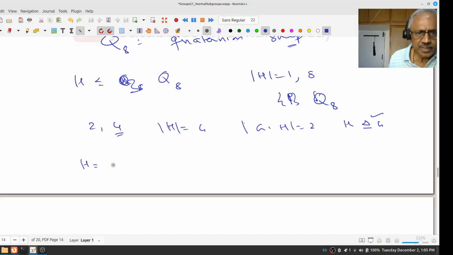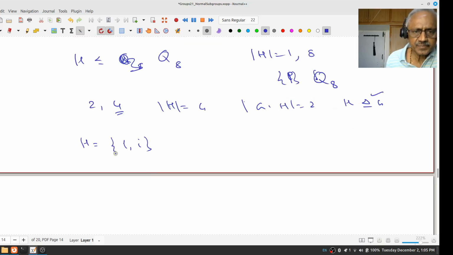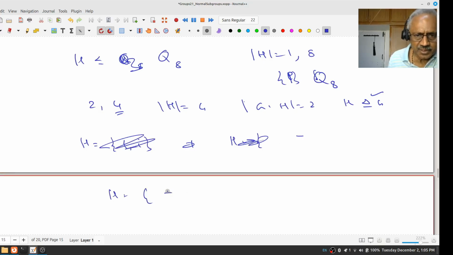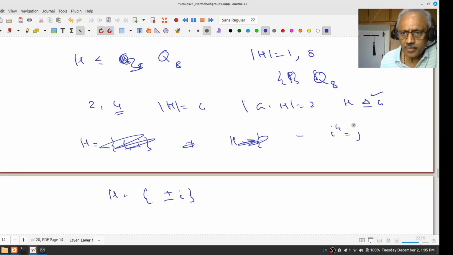Now, if H is of order 4, then it has to be one of these elements: identity, I, and so on. If H is of order 2, then it has to be only plus or minus identity, because you can see I to the power 4, J to the power 4 and K to the power 4 will be identity.